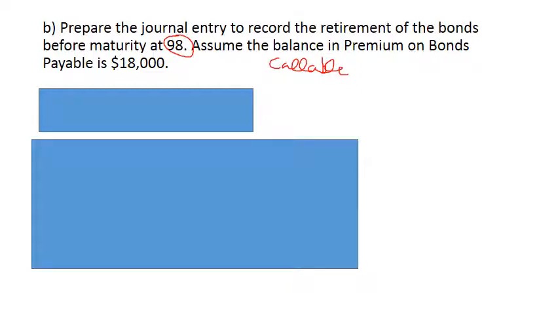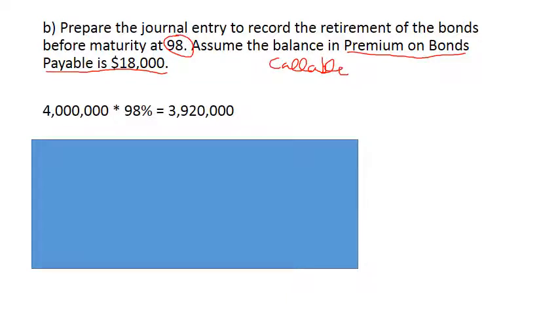So they were paying a discount for them. And when the bonds were originally issued, they were issued at a premium, and there's some of the premium that still has not been amortized. So when we go to do this transaction, we have to figure out what numbers to record.